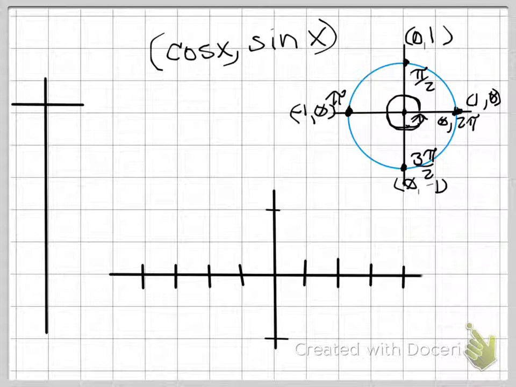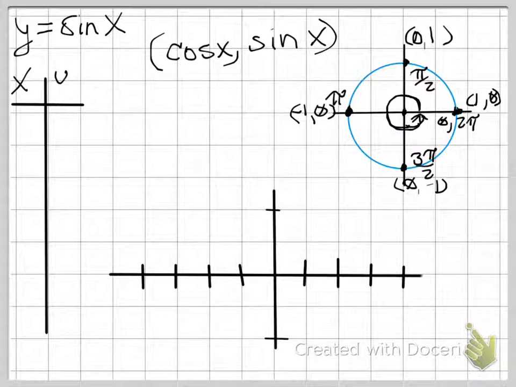So we're going to use both this unit circle and the fact that the left-hand side is cosine, the right-hand side is sine, in order to complete the graph for y equals sine of x. So let's put our x values right here. Let's put our y values right there.